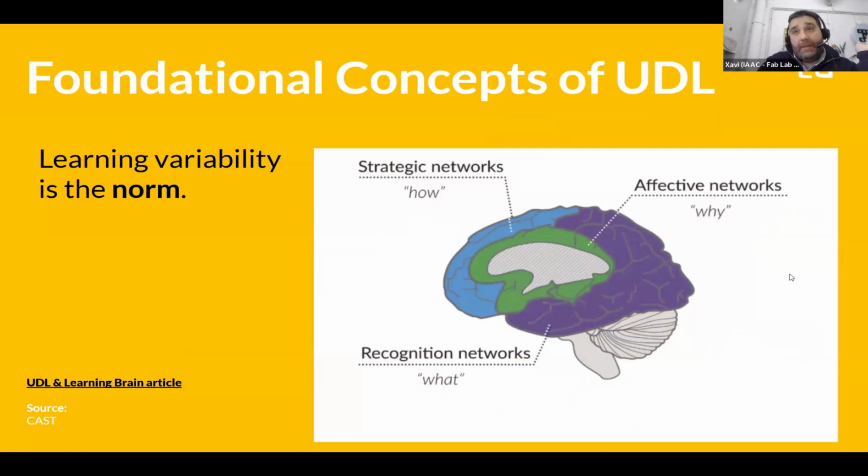If we want to design for everybody, at least we need to understand how our brain works, what it means, and how we can design for our students. It is important for our students to understand the main goal of our learning experiences and what they need to do, and we need to plan for this.